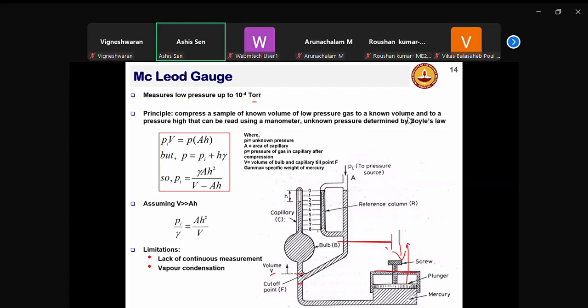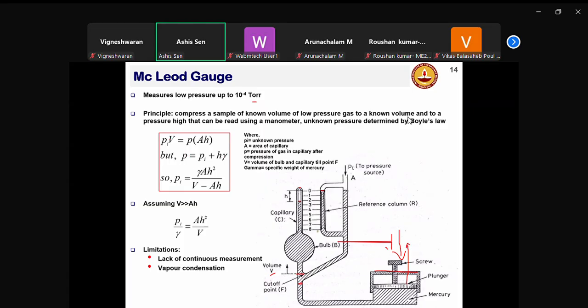Now this P you can find by comparing the levels, because here the pressure is Pi, and here this pressure P would be Pi plus the height H into rho into g, that is the specific weight of this mercury, gamma.